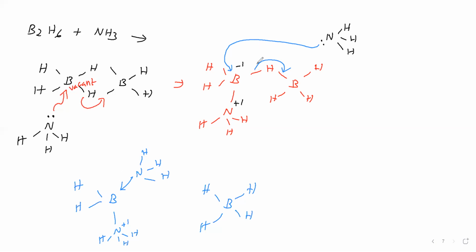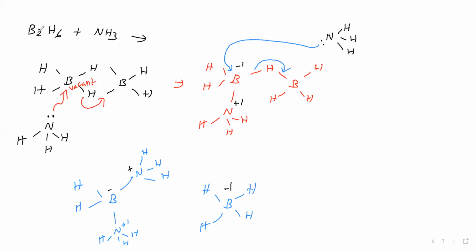For this boron, this bond is coming, which means one electron gain. Therefore, for this we will give -1. Now this dative bond we will write as a normal covalent bond, while we will give formal charges. Here -1, here +1.